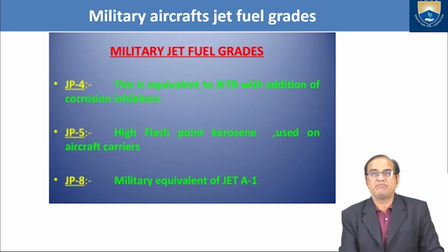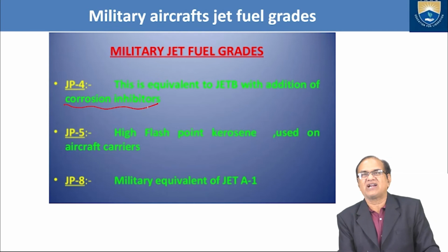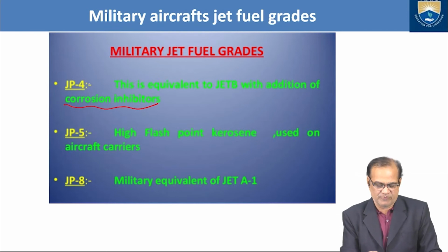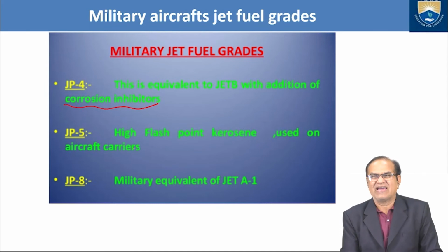This is called JP4. This is equivalent to Jet B with the addition of a corrosion inhibitor. We use some corrosion inhibitor so that corrosion does not take place. So it is called JP4. Now we have JP5, a high flash point kerosene used on aircraft carriers.